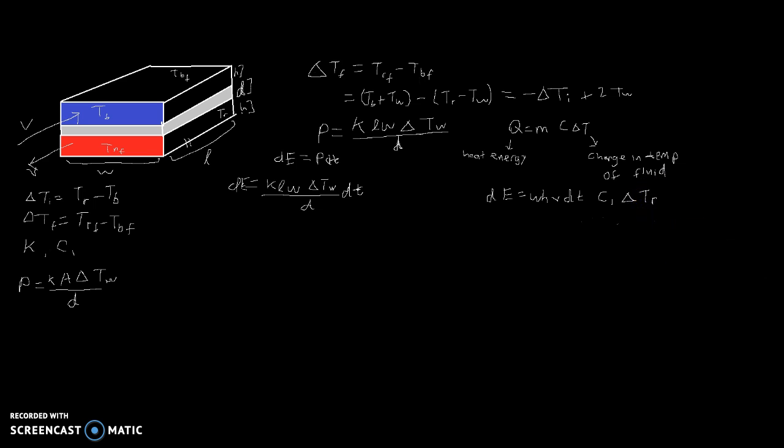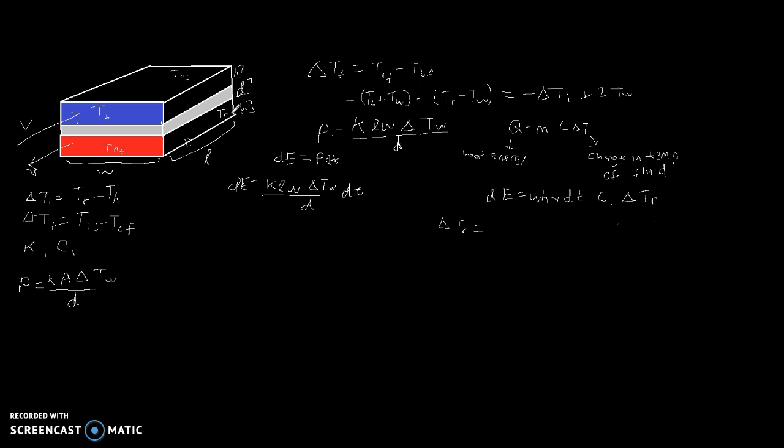Alright, so now we have two equations, and we're thinking of equating them, but we don't know what delta TR is. How can we write delta TR in terms of what we know? Well, delta TR is simply our initial state, which is TR, minus our final state, which is TR final.